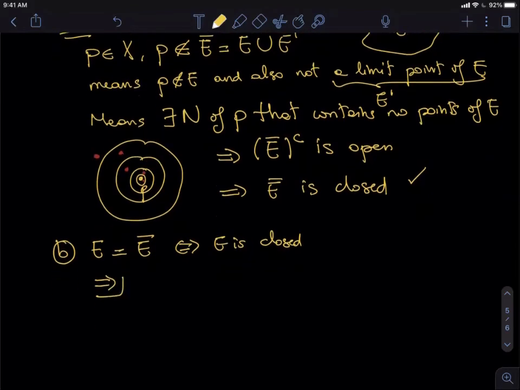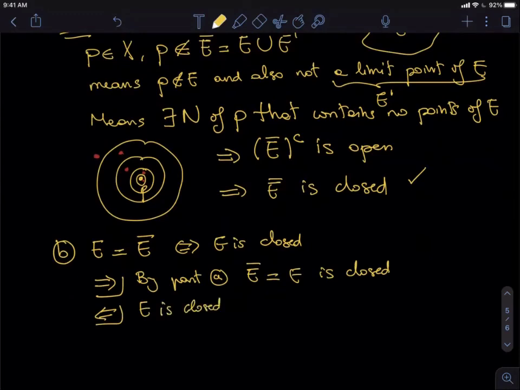We need to check both implications, but one of them is very easy because by part A, E bar, which is equal to E, is closed, and that's it. Now to go back, we need to assume that E is closed, and then we want to prove that E coincides with the closure.